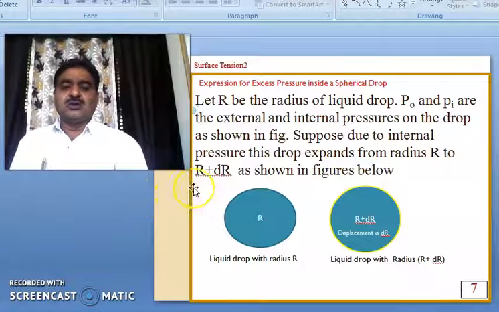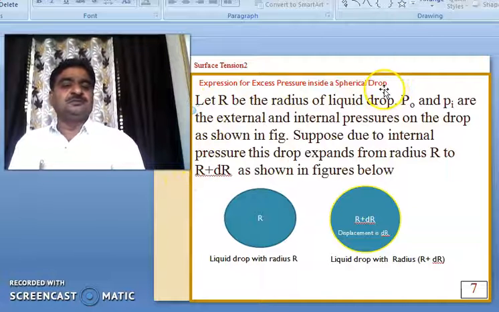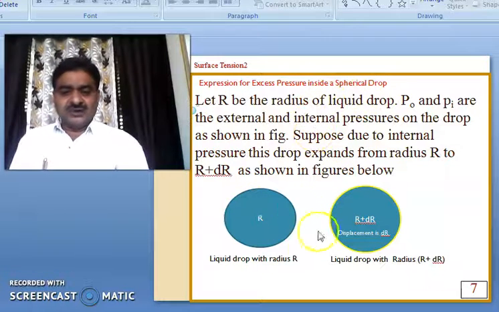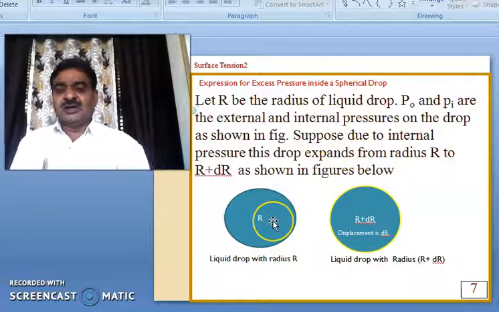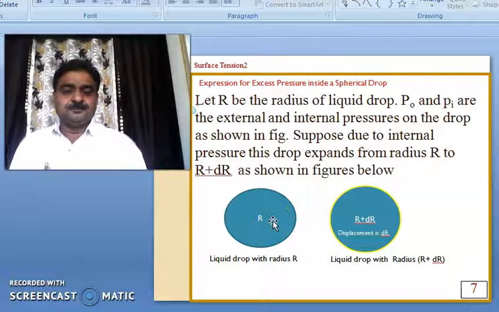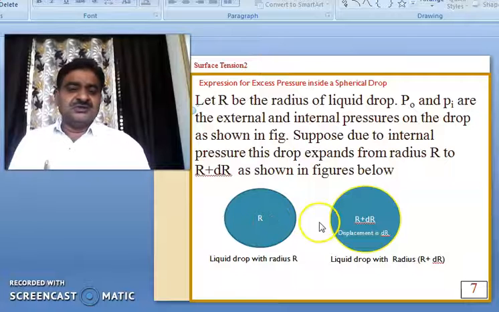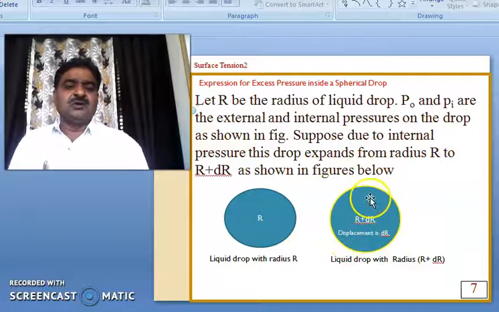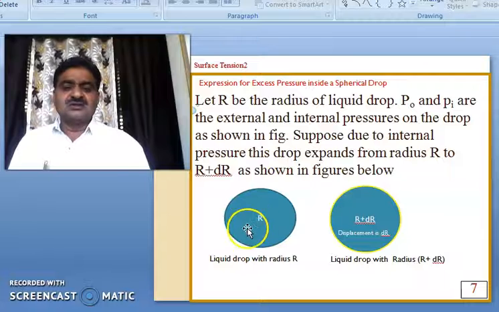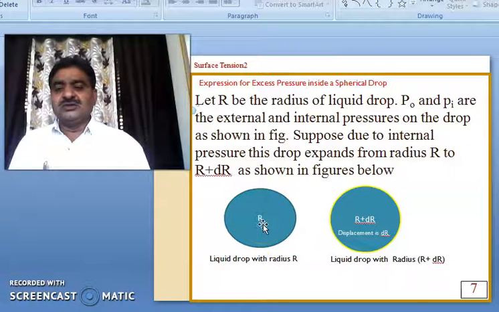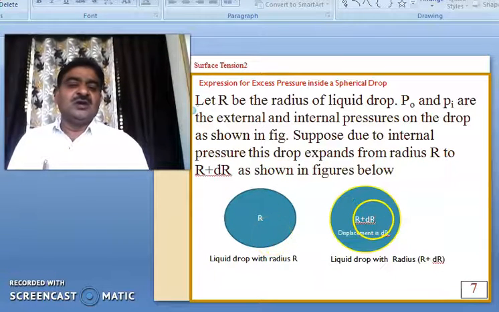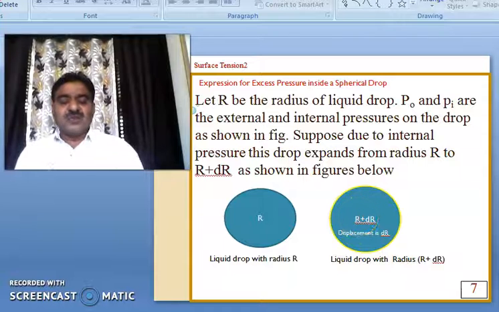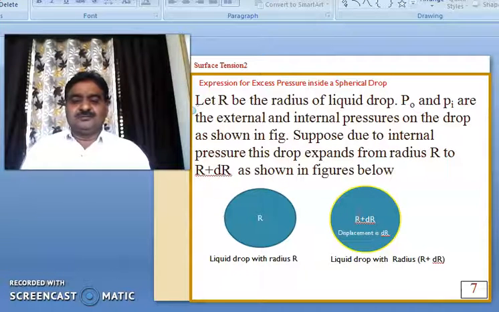Now let us turn toward the important concept, that is the expression for excess pressure inside a spherical drop. Suppose this is a liquid drop, and already you know it is spherical in nature. This is also a spherical liquid drop. This is a liquid drop with radius R, capital R, and this is a liquid drop with radius R plus dr. Then the question arises, what is dr?